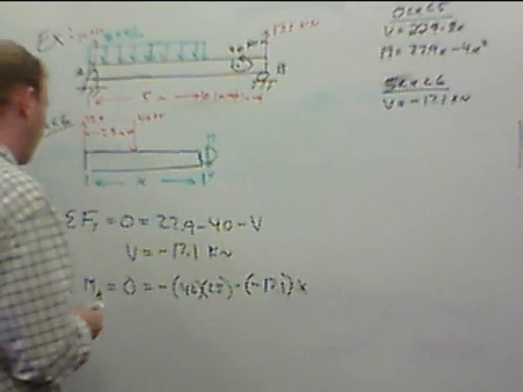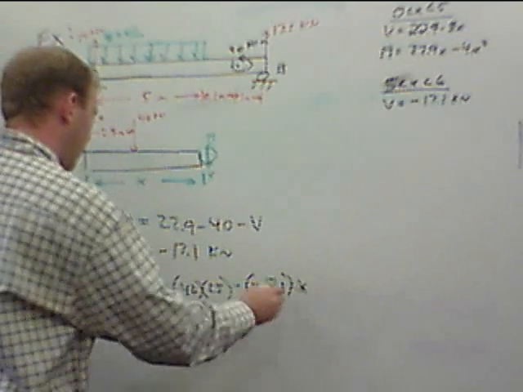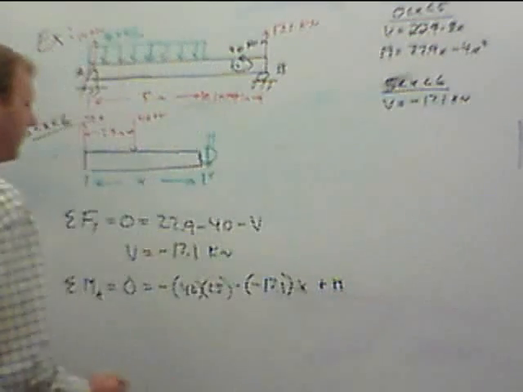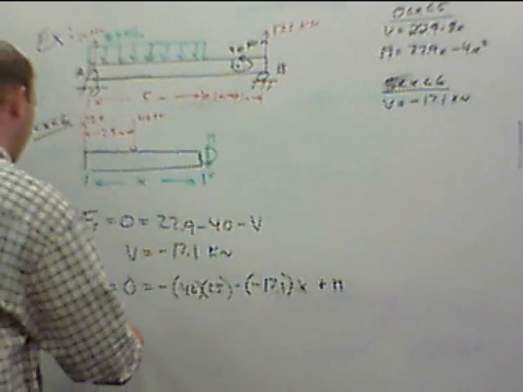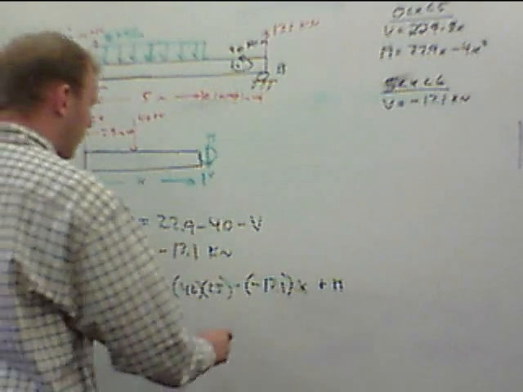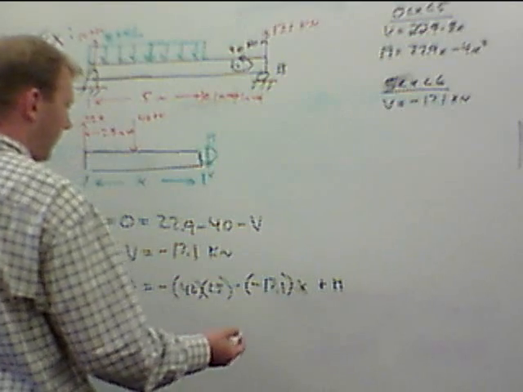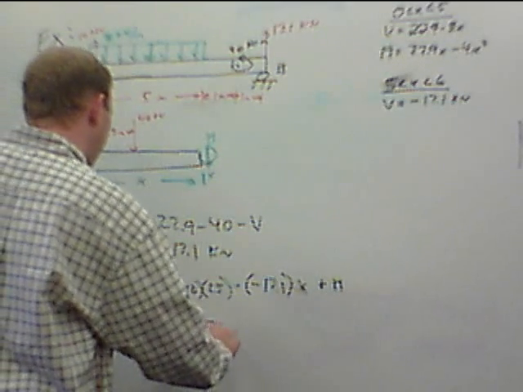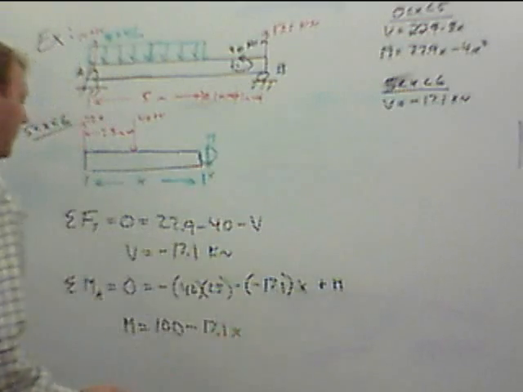So a moment here about A is going to equal, we need to add in moment there for the internal moment. M equals, I'm going to bring this over, 40 times 2.5 is 100 minus 17.1x.